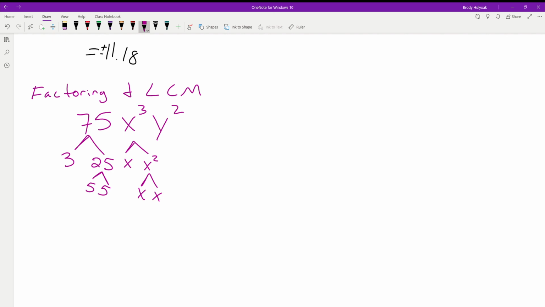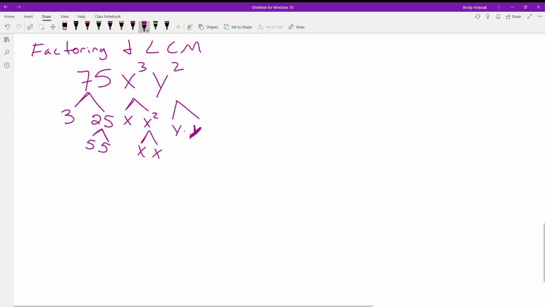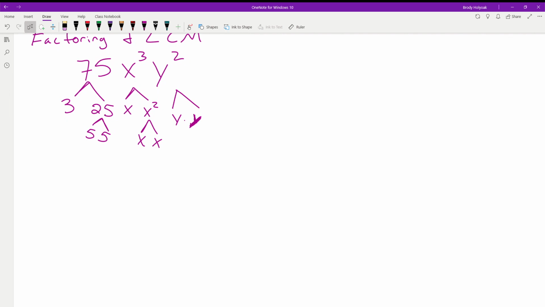We want to take everything down to its prime. Our y times y. So with this finally factored all the way out, we get 3 times 5 times 5 times x times x times x times y times y.